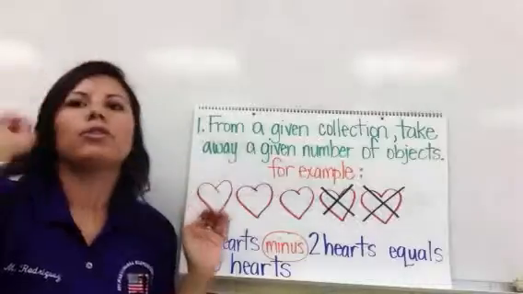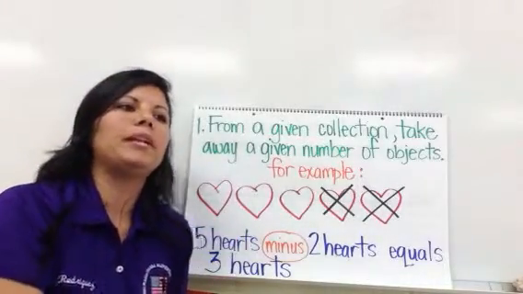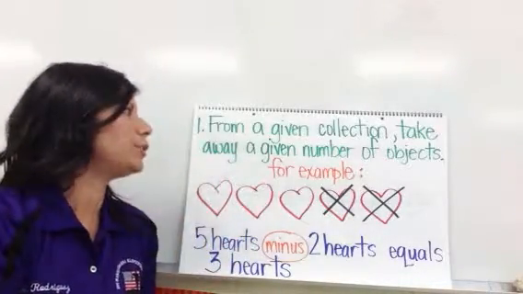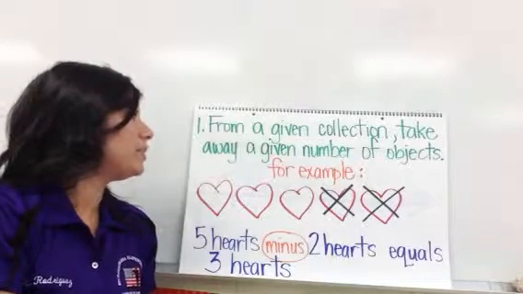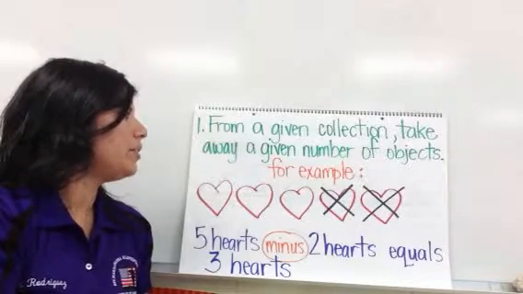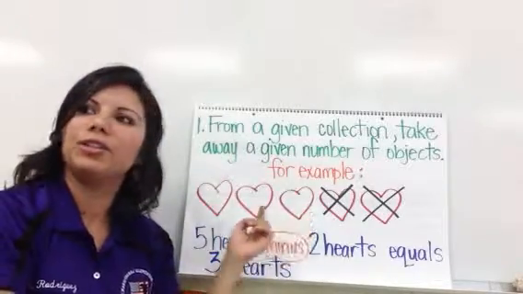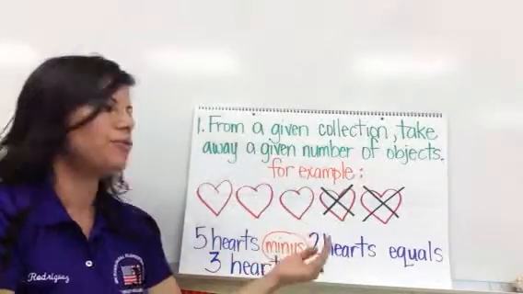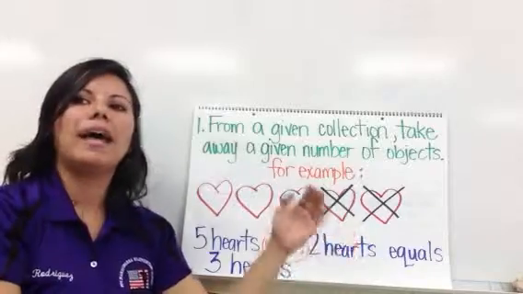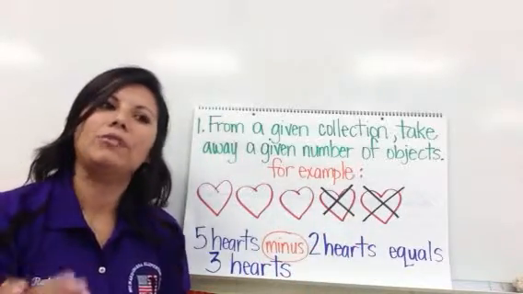Today we will discuss 3 different methods that you can use when it comes to subtracting. This would be the first one, and it says, from a given collection, take away a given number of objects. So for example, here I have a picture of 5 hearts. Now if you notice, 2 of these hearts have X's on them. That means that I have crossed them out.